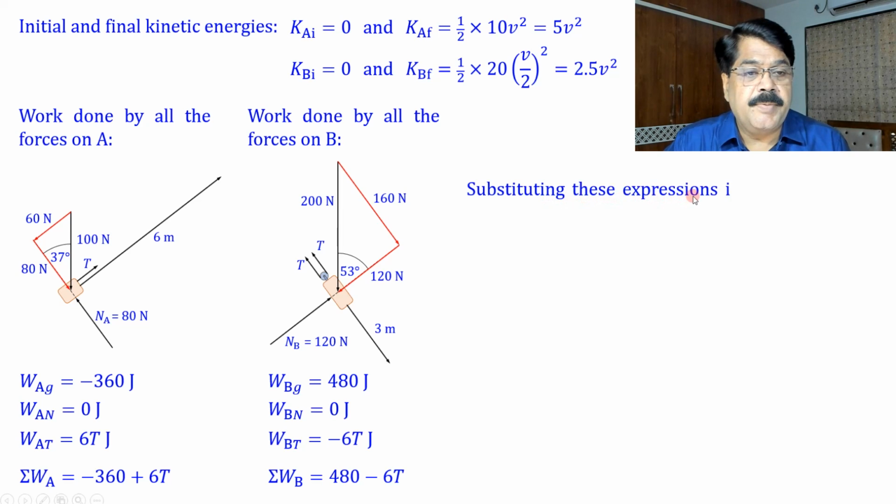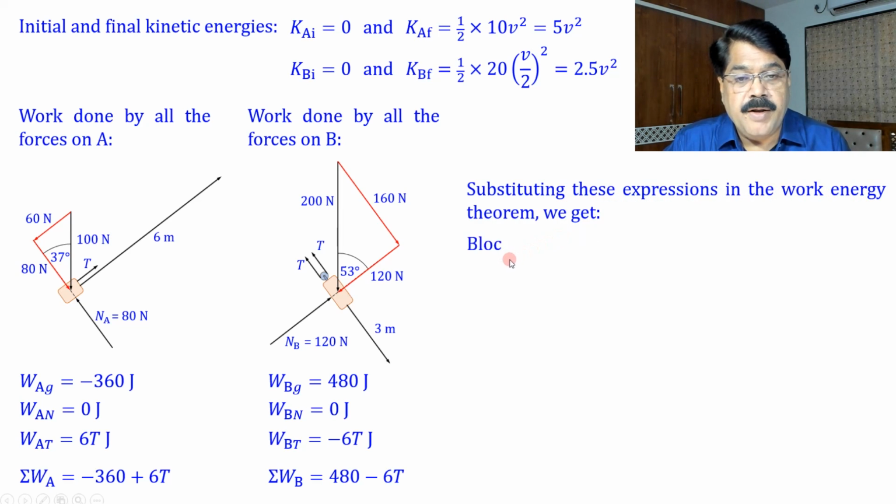Now we can substitute these values in the work-energy theorem separately on these two blocks. Substituting these expressions in the work-energy theorem, for the block A, W initial to final is equal to K final minus K initial, that is the formal statement of the work-energy theorem for a single particle. So for block A, summation WA is equal to Ka final minus Ka initial. Now substitute the values here.